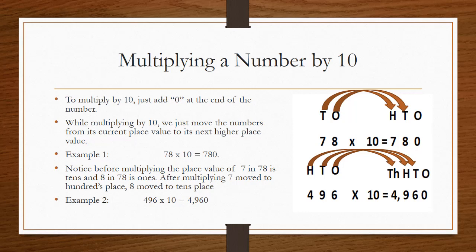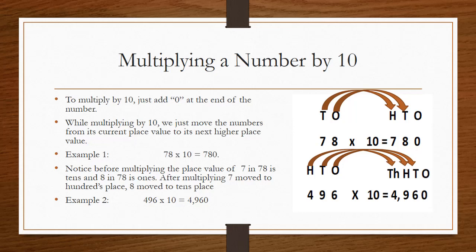In 78, the place value of 7 is tens and the place value of 8 is ones. After multiplying, the 7 moved to hundreds and the 8 moved to tens, and we add a 0 at the units place.